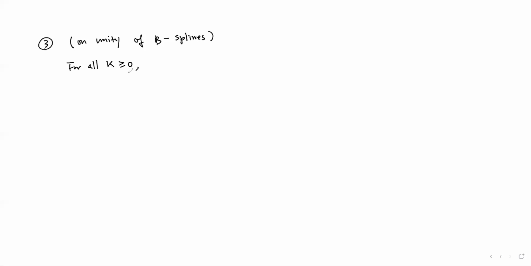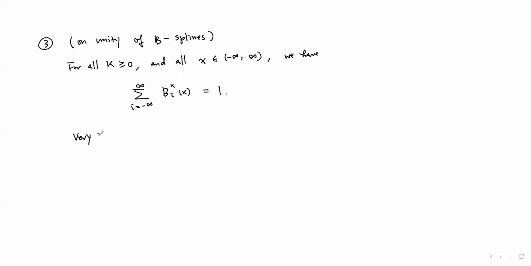For all k greater than or equal to 0 and all x in the domain of B-spline, which is from negative infinity to positive infinity, we have the summation over i from negative infinity to positive infinity of B_i,k(x). This infinite sum actually is a finite sum because the supports of B-spline functions are finite. The summation is equal to 1, for any k. This property is very important.